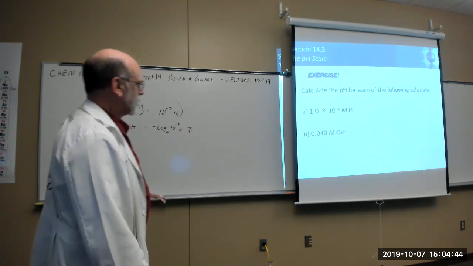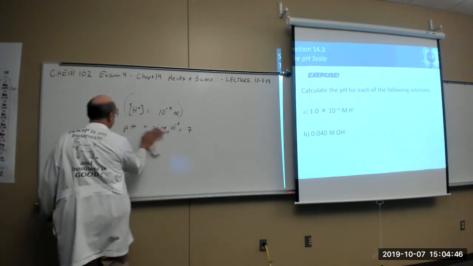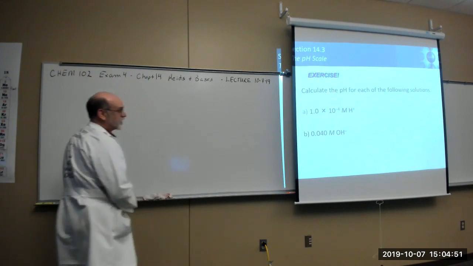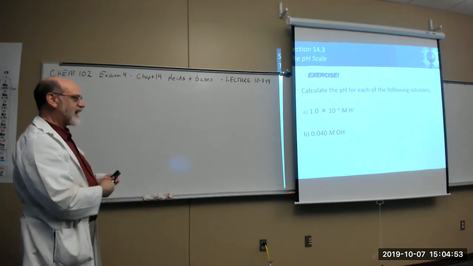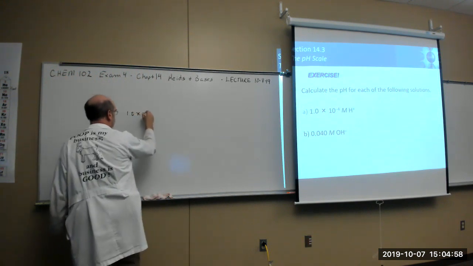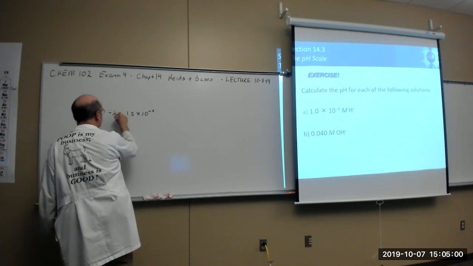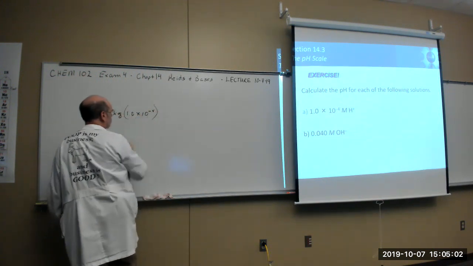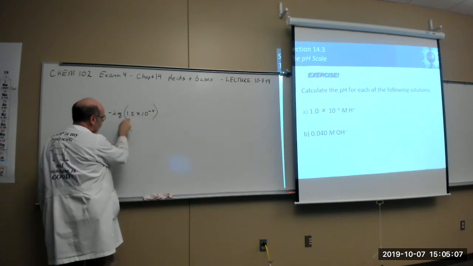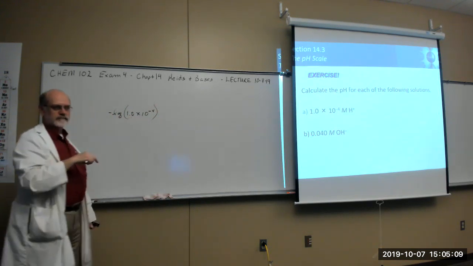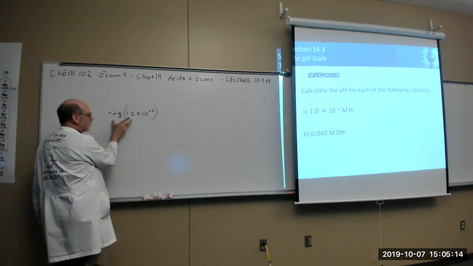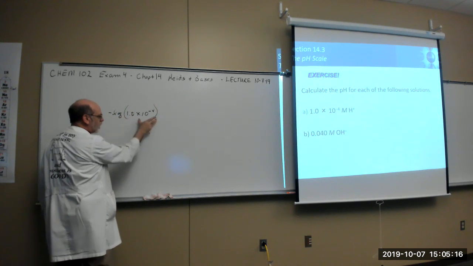Okay. Calculate the pH for each of these. The first one is easy because it's 1 times 10 to the minus 4. So the negative log of this, how do you do logs? If you have a log of something times something, it's the log of that plus the log of that.